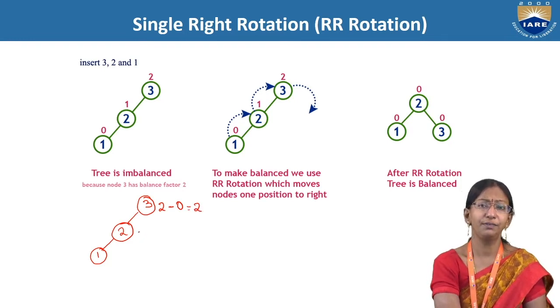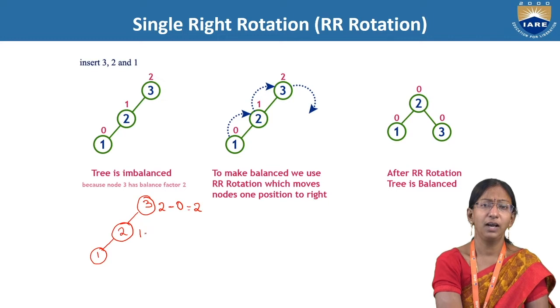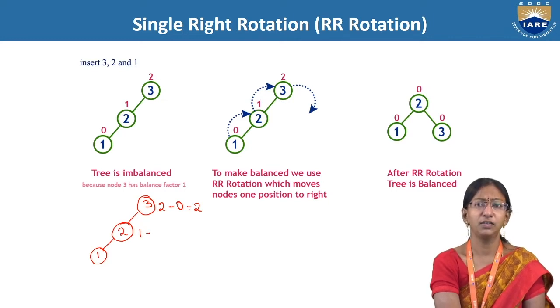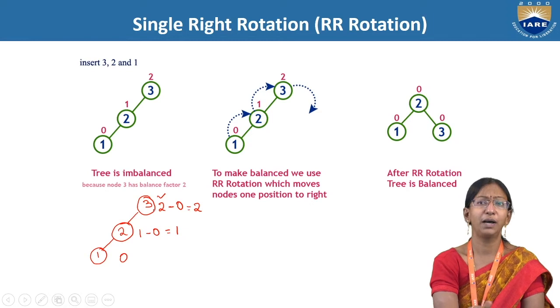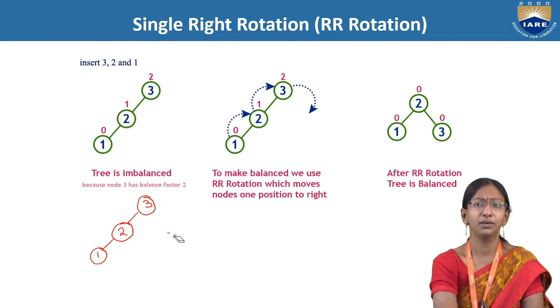Coming to 2, its left child's length is 1 and right is 0, balance factor will be 1. As 1 is a leaf node, its balance factor is 0. Fine. For 2 and 1, the story is okay. But what about the node 3? Its balance factor is 2. It violates the rule of AVL, right?